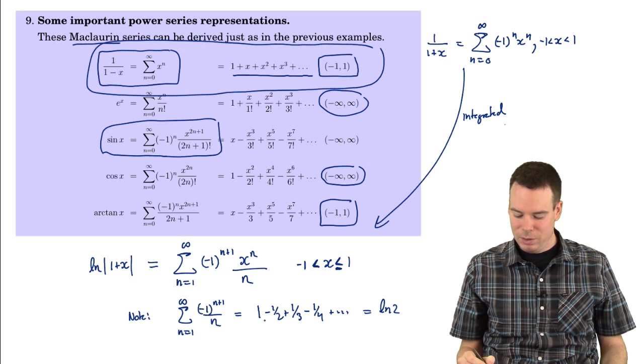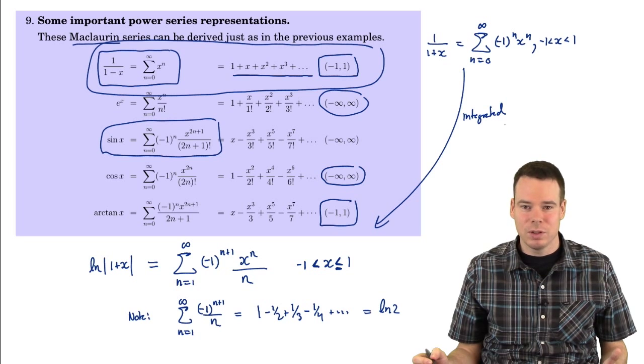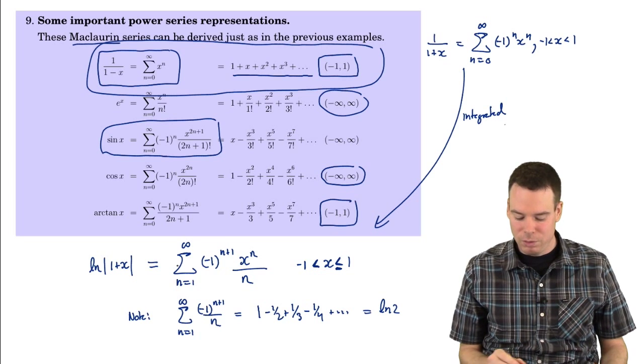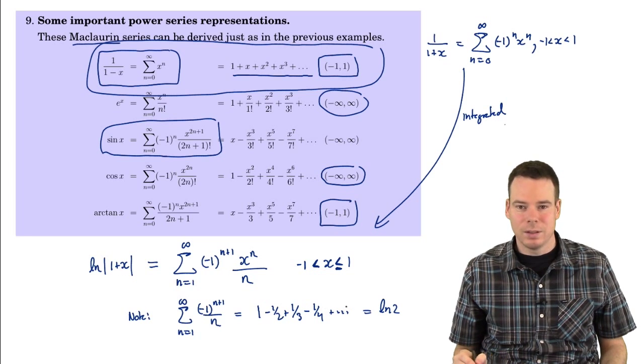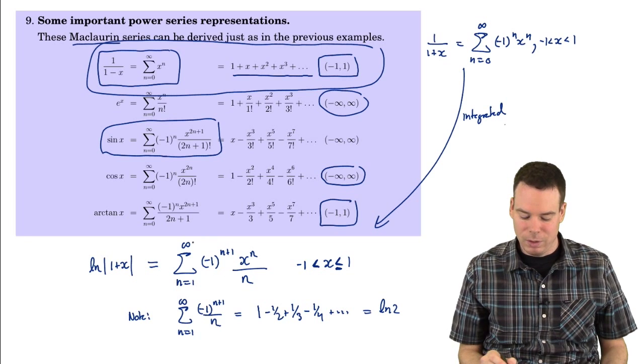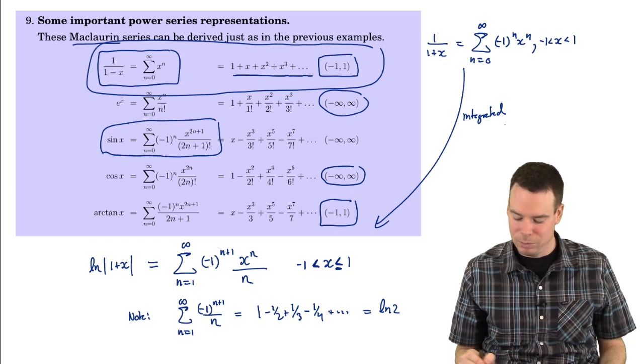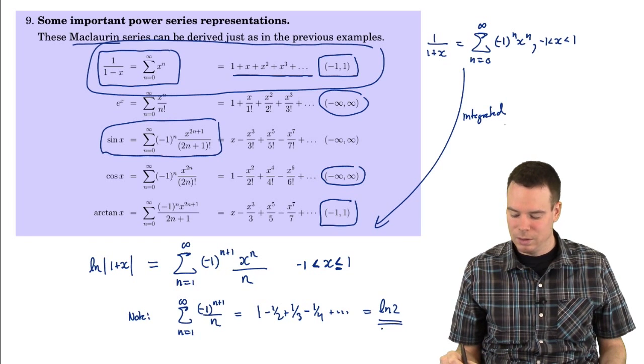So that's pretty neat. We knew the alternating harmonic series converges, we just didn't know what it converged to. Now through studying this function, the logarithm of 1 plus x, we see that the alternating harmonic series comes about by evaluating the representation for the logarithm of 1 plus x at 1. So it must converge to log of 2.